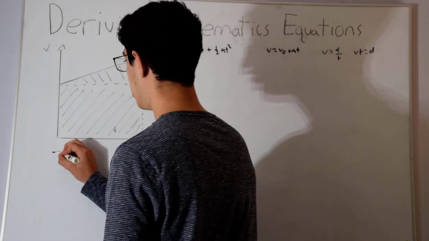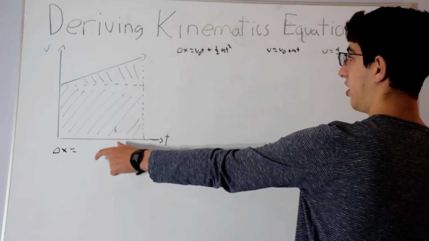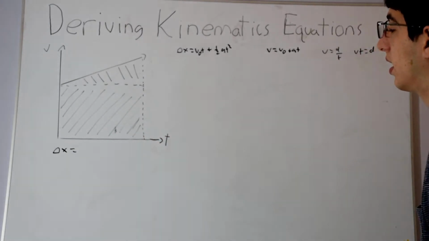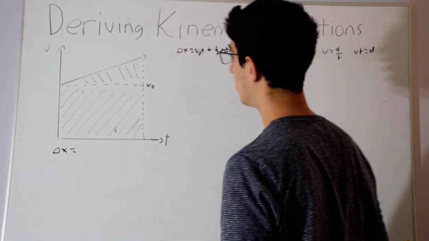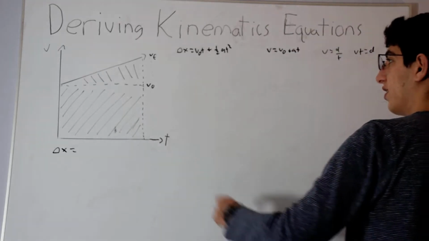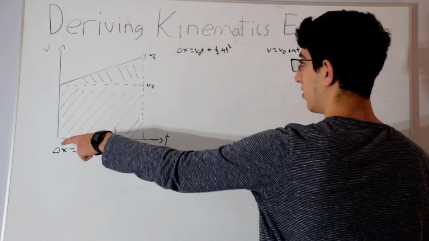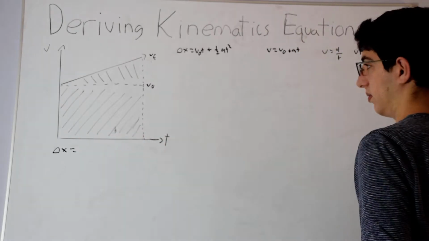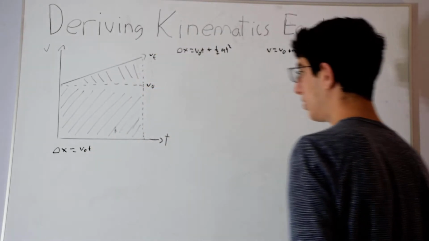So change in x equals, so first let's start with the area of this rectangle. And this object starts with some velocity, v0, and it ends with some velocity, v final. So the area of this rectangle is going to be v0, which is the height of it, times the width of it, which is time. So v0 times time.